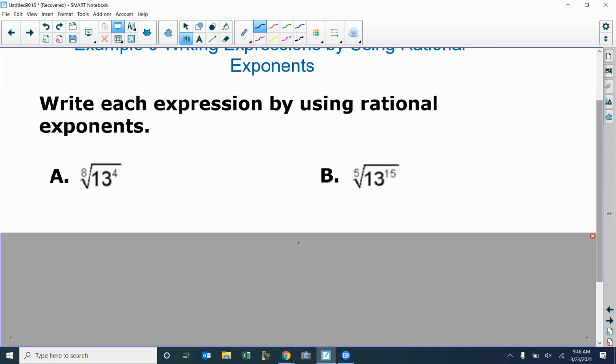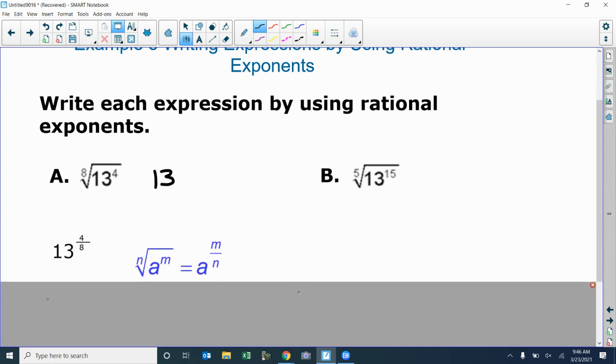Right, so we can rewrite this as what? 13 to the what?